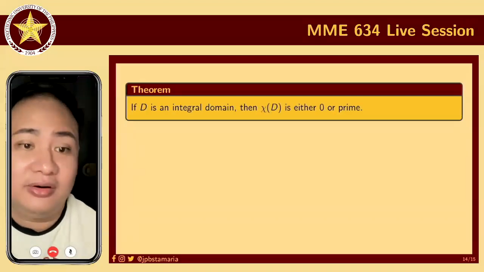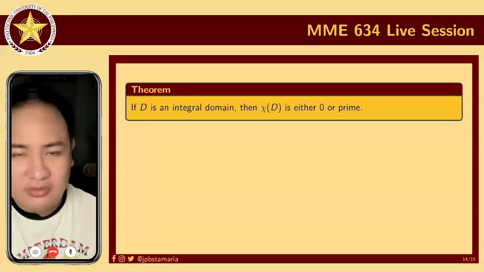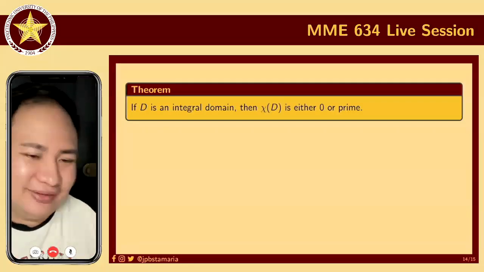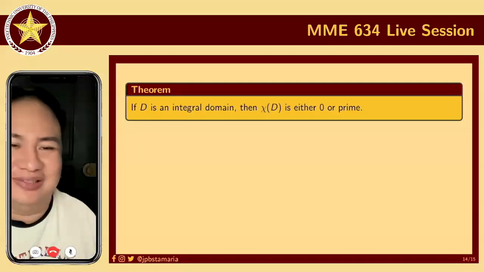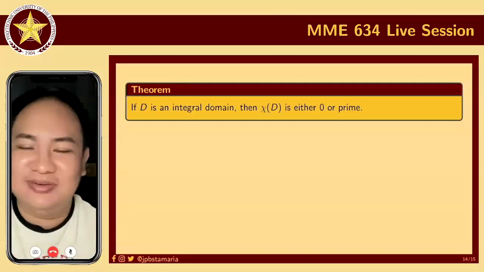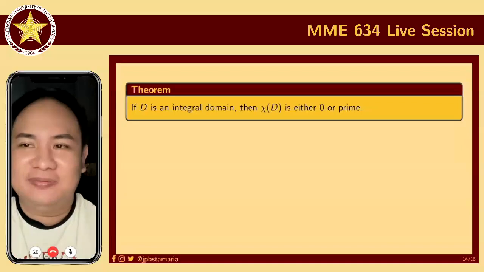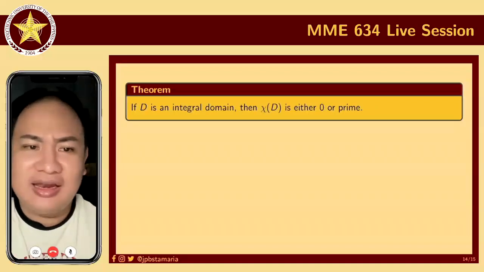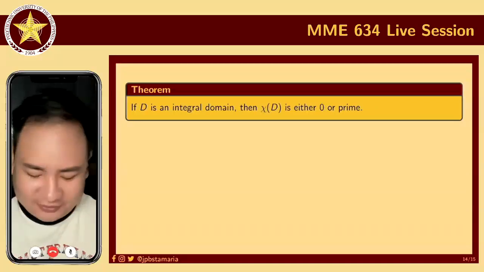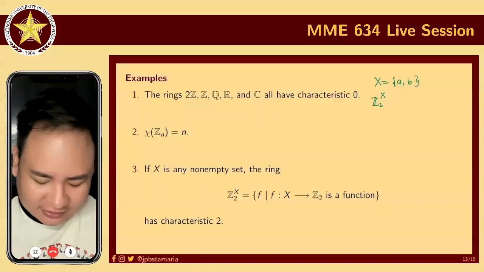Either 0 or prime. So, what do you think is the most important consequence of this? Doon ako na-excite. Yung kayo makarealize, ano kayo naging consequence na ito? Hindi nyo naalala yung previous example ko. Balikan nga natin. Ito, specifically.